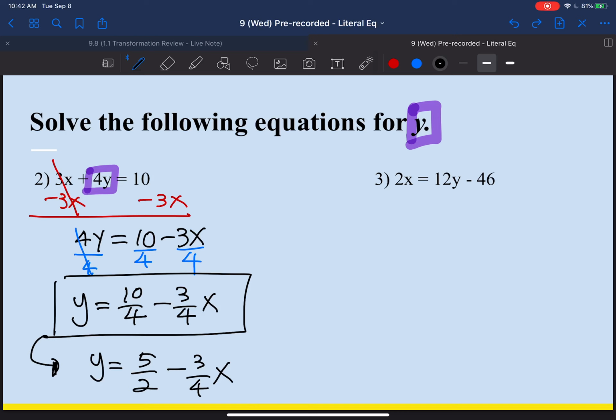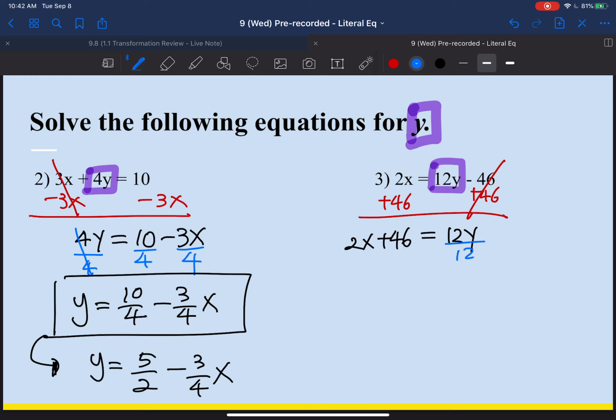Number 3, same thing. I am going to solve for y, so I have to isolate it. Let's look at it. Negative 46 is bothering us. So I'm going to add 46 on both sides so I can cancel. So 12y equals 2x plus 46. Next, divide by 12. This cancels. y equals 2 over 12 x plus 46 over 12.